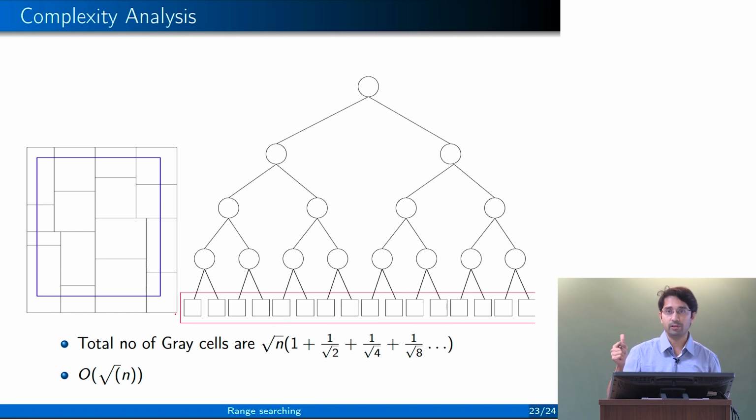So we started with the objective to achieve log n. We could not, but we at least settled for something better than linear. Log n we were not able to achieve, but whatever we have achieved is better than linear time.